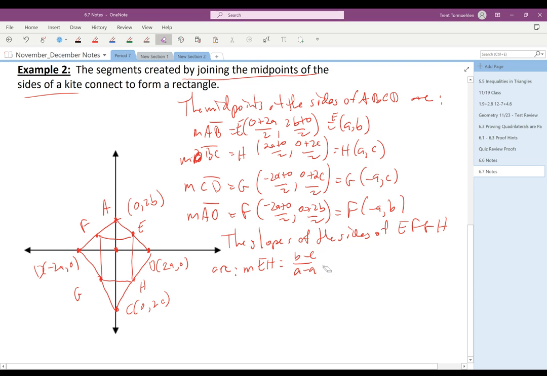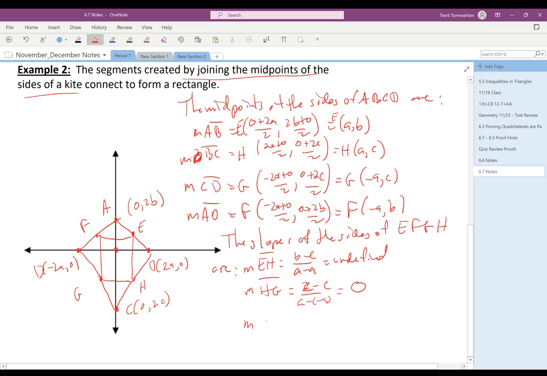Which equals undefined, which turns out to be a vertical line. And then the slope of HG is going to be C minus C over A minus a negative A. And so that's going to equal 0.